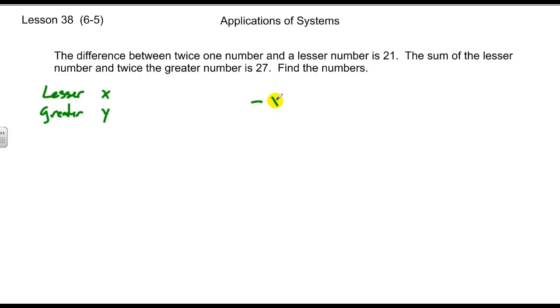So that guy's going to go second, is 21. And it said twice the other number. So 2y minus x is 21. And then it says the sum of the lesser, so the lesser was x, and twice the greater, that's y, is equal to 27. And we want to find those two numbers.